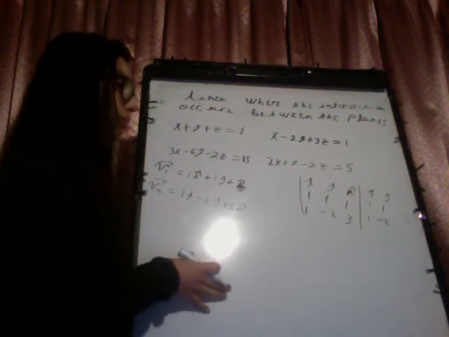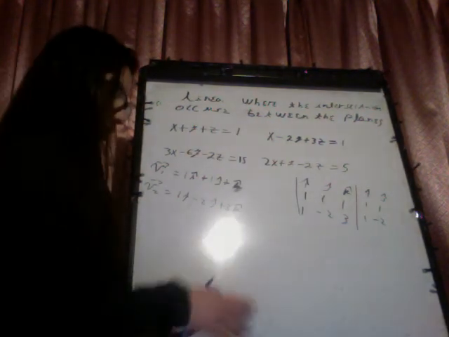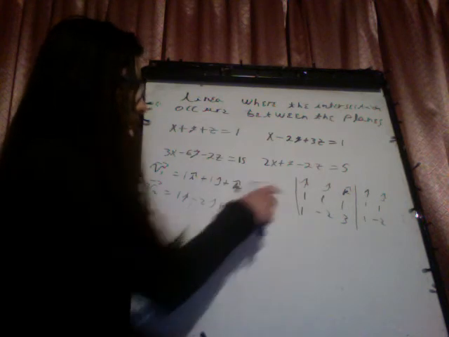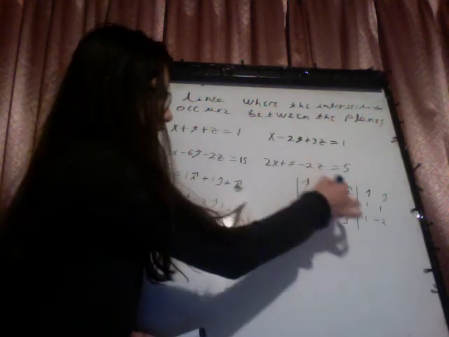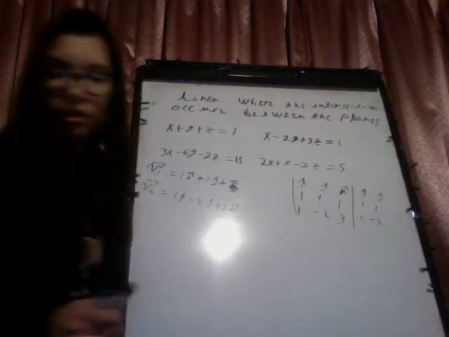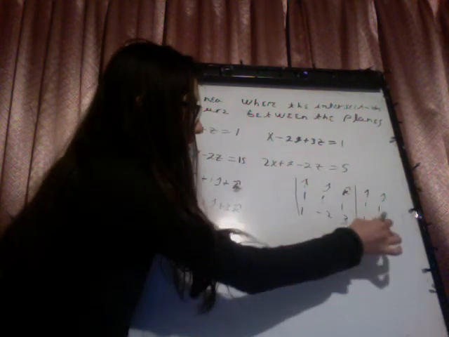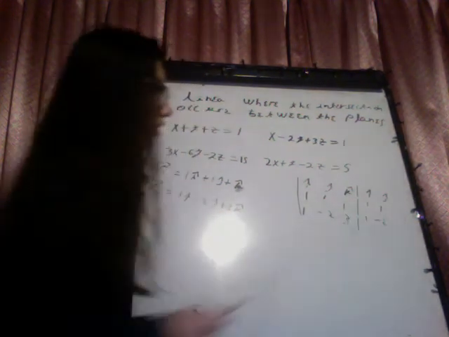Alright. So here, the cross product is this times this, minus this times this.